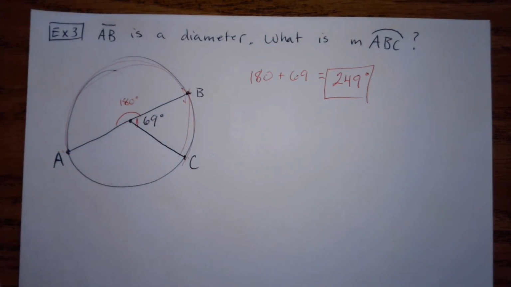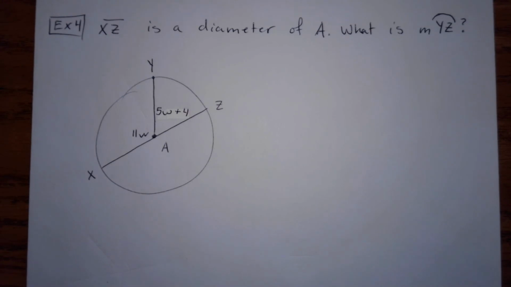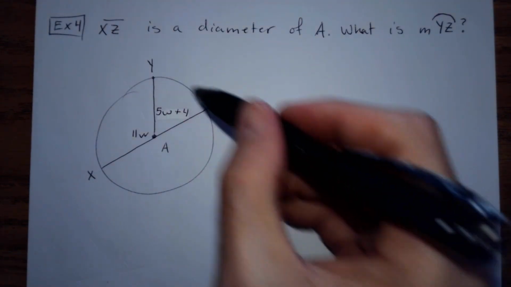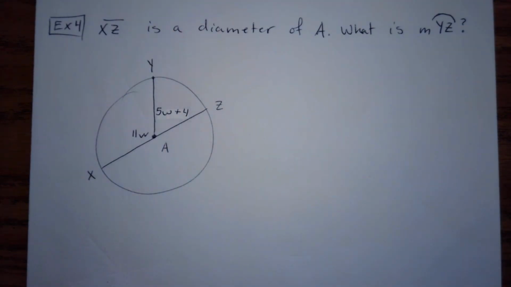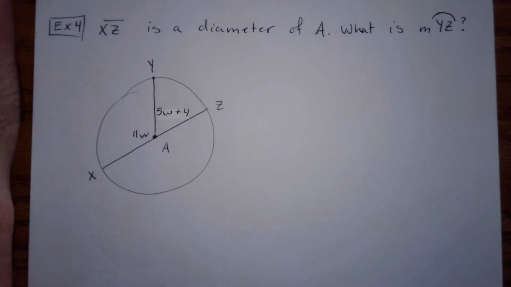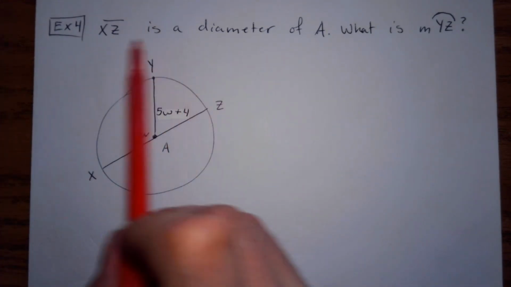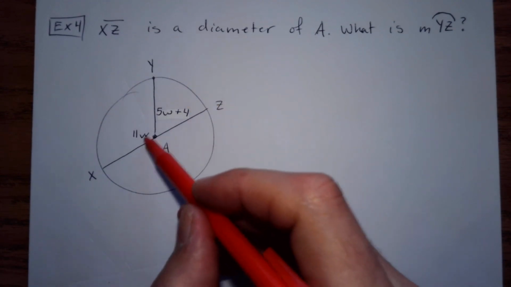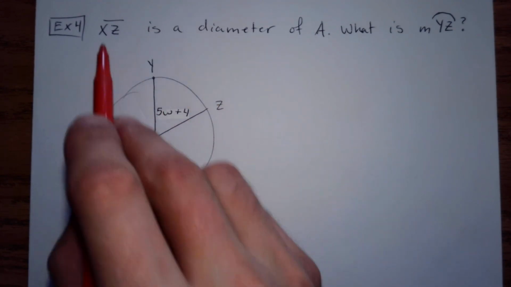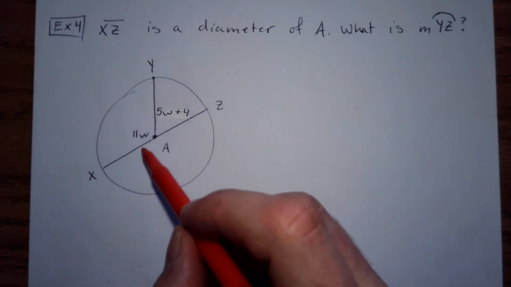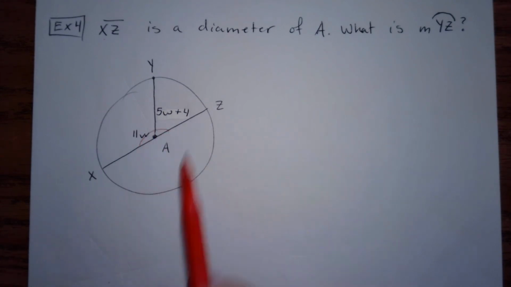So XZ is the diameter of A. What is the measure of arc YZ? What is this measure there? This is important because it tells you what's equal to 180. XZ is a diameter, so that means all of that adds up to 180.